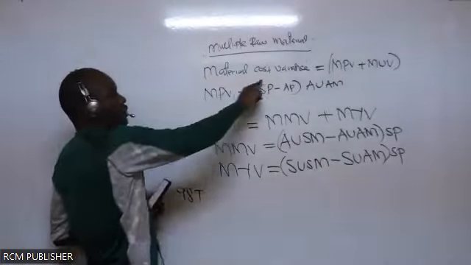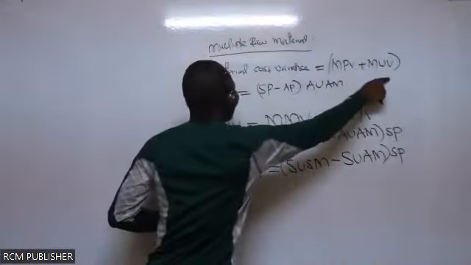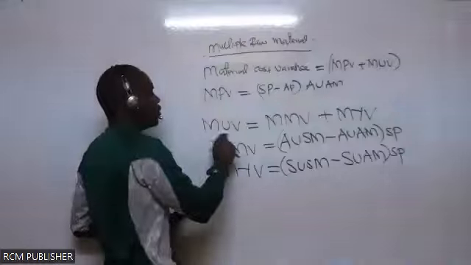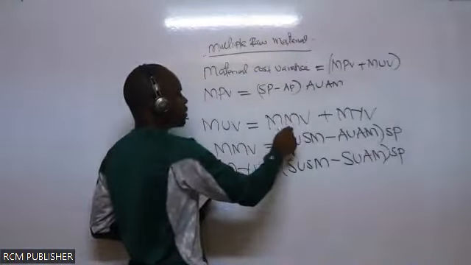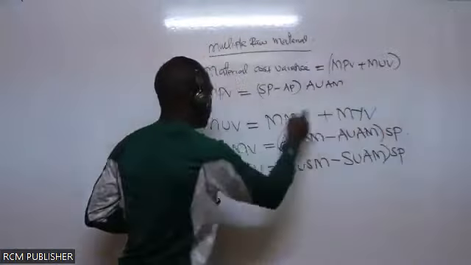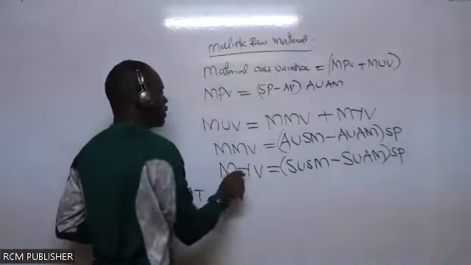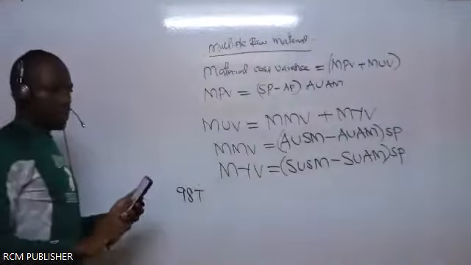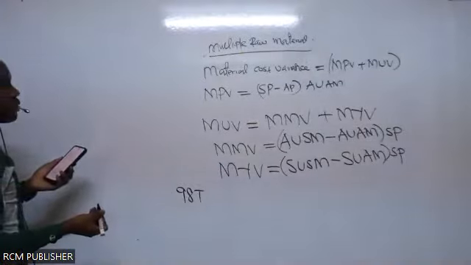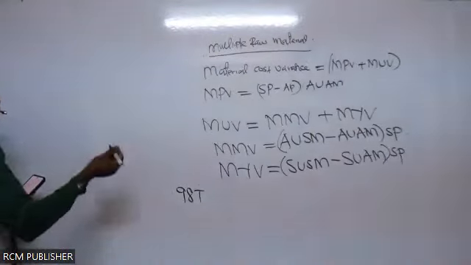So material cost variance is material price plus material usage. Material price is the formula. Material usage is now mix variance and yield variance. Mix variance is this, yield variance is this. So that is what we need to know. The first thing that we now need to get is the material price variance, which is the standard price.